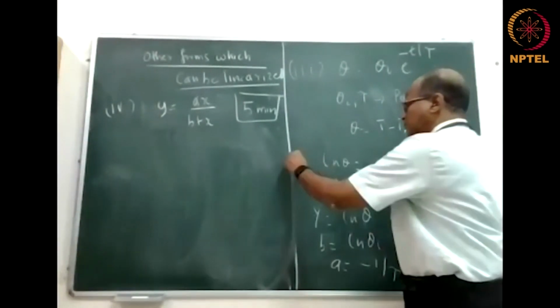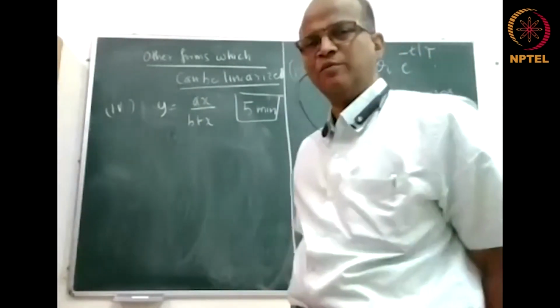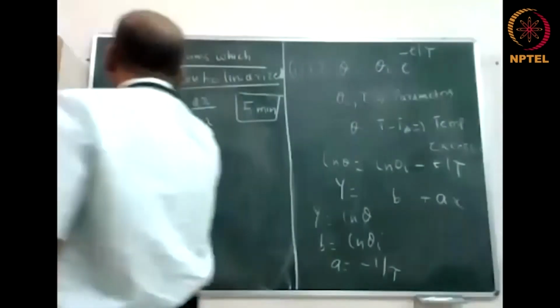It becomes a function of two variables, sir. 1 by y and 1 by x, sir. 1 by y. Okay. So before saying that it becomes a function of two, take 1 by y.